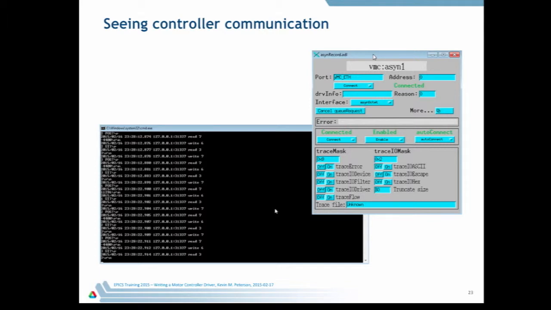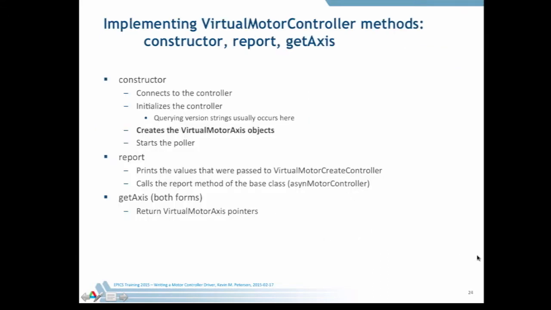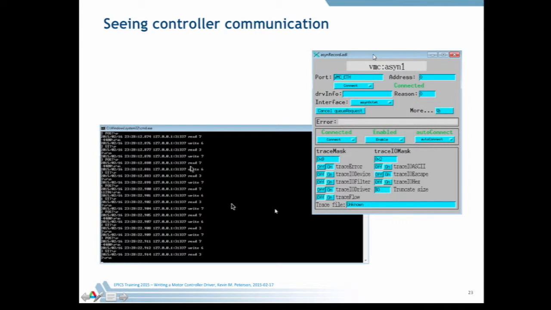So for this virtual motor controller driver, it's useful to have the Trace IO escape bit set, and the driver bit set, so that you can see output like, oh, that goes the wrong direction, like this, and you'll see some communication.